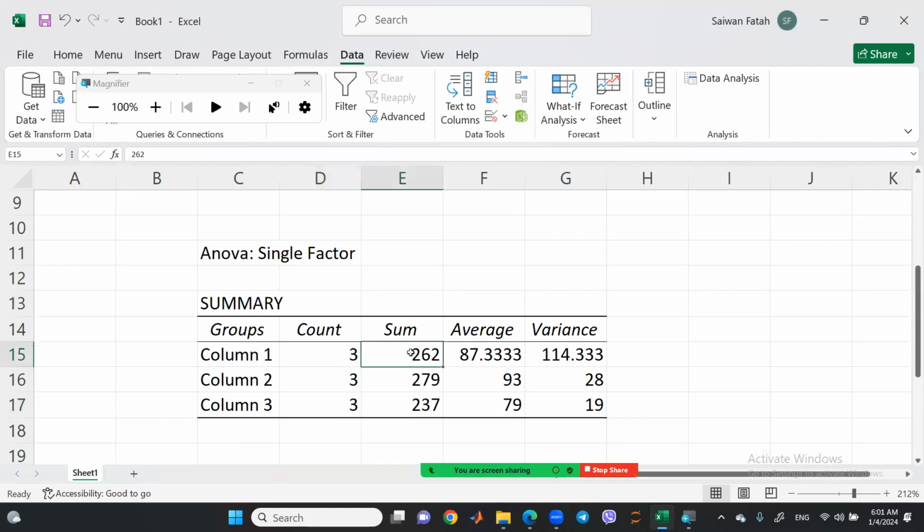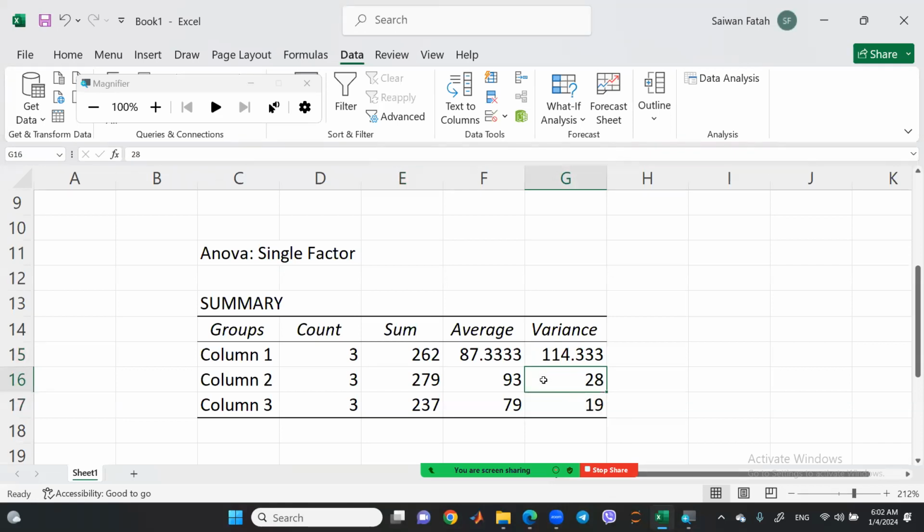Here, this is the sum of all elements in the first column, this is the sum of all elements in the second column, and this the sum of all elements in the third column. These are the averages for each column, or X bar. It is 262 divided by 3, this one divided by 3, and this one divided by 3. You get this one.